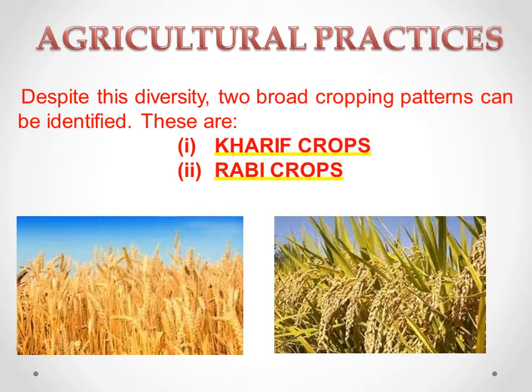Before moving into the various agricultural practices, let us see how cropping patterns can be identified and what the two major crops grown in our country are. They are the kharif crops and the rabi crops.